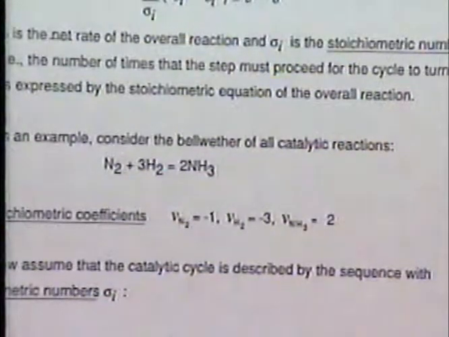But we have decided arbitrarily to write the stoichiometric equation for ammonia synthesis or decomposition the way it's written there, and therefore we have defined the stoichiometric coefficients, which are negative for reactants, positive for the products, and correspond to what you see in the stoichiometric equation for the reaction. This is not what we mean when we talk about stoichiometric numbers.